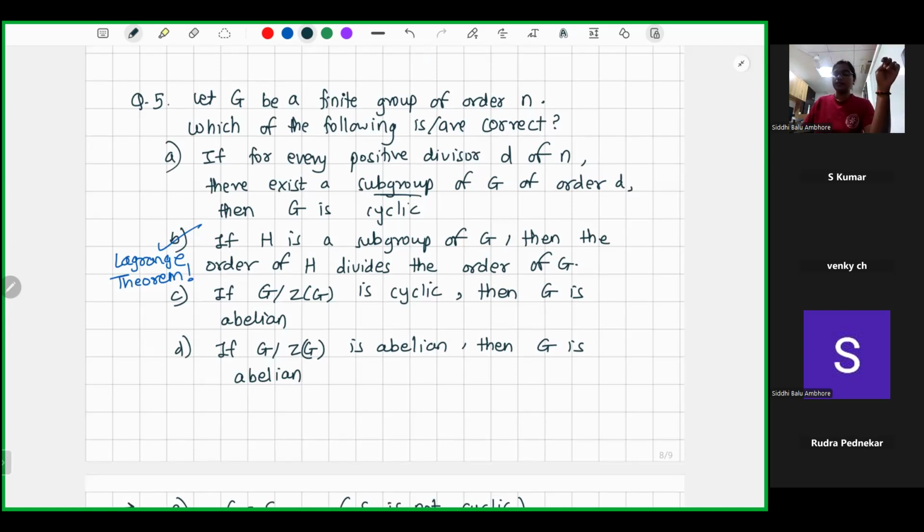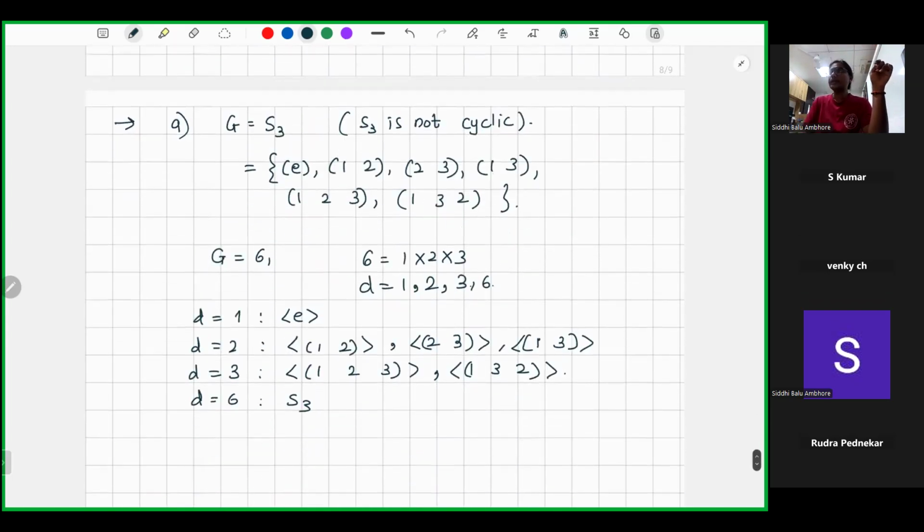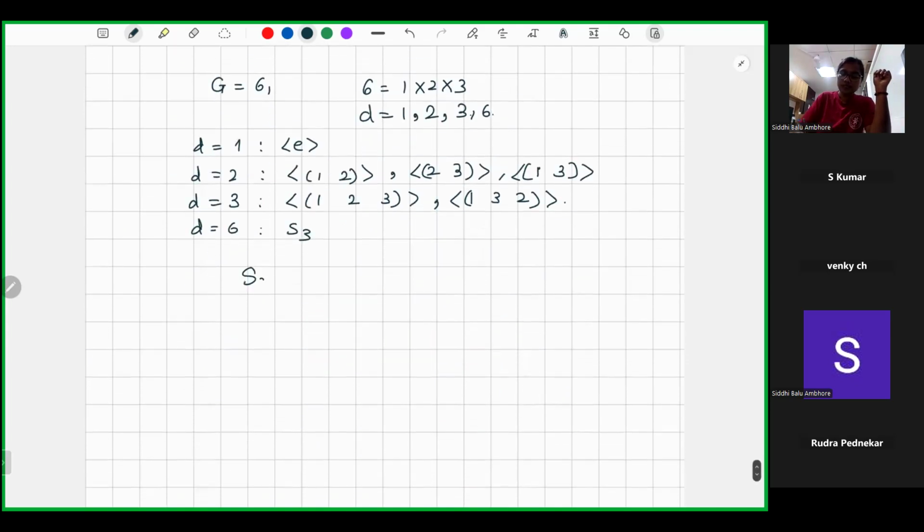That's it. And here in S3 we obtained that, but we know that S3 is not cyclic. S3 is not abelian, so forget about being cyclic. Okay, so S3 is not abelian, and hence not cyclic.